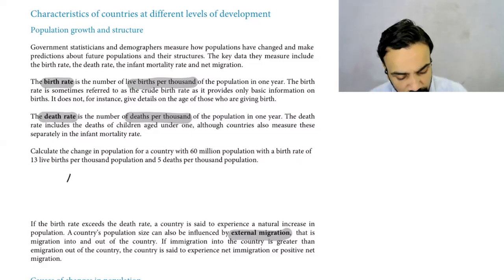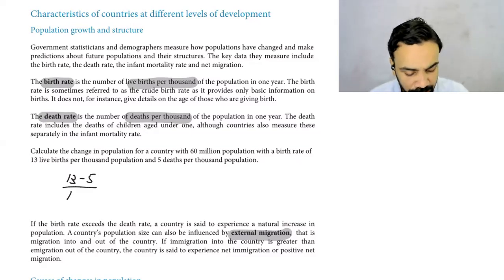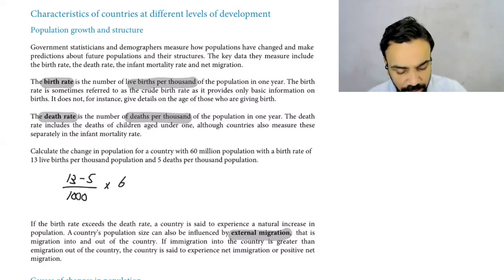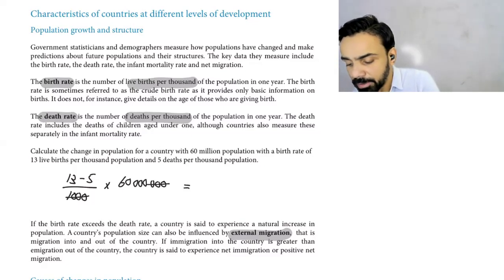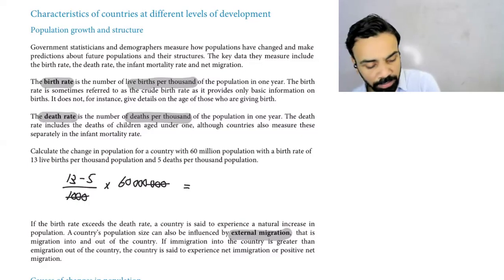So if I want to do the calculation, this is how I'll do it. 13 kids are being born and 5 people are dying for every 1,000, and then we multiply that with 60 million people. So 13 minus 5 leaves 8, and then 8 multiplied by 60,000, which is what is left over.